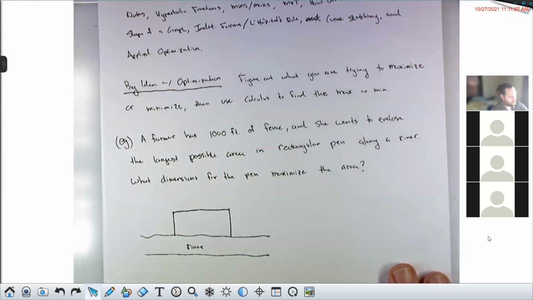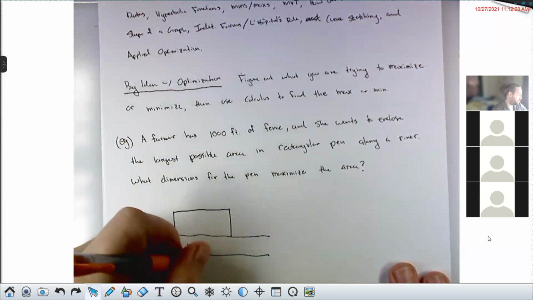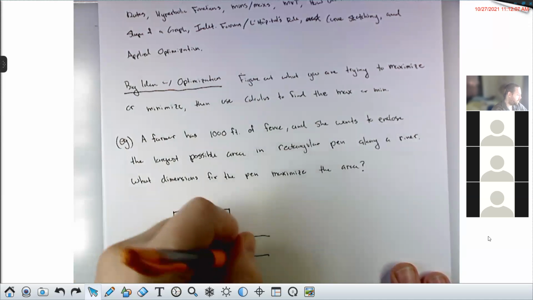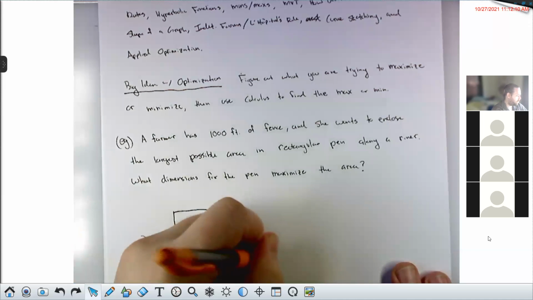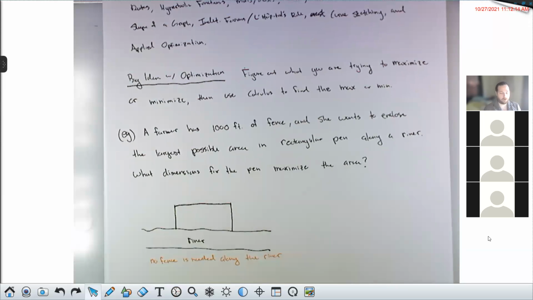All right, and no fence is needed along the river. Because the animals we're trying to pen in there are not about to swim across the river.